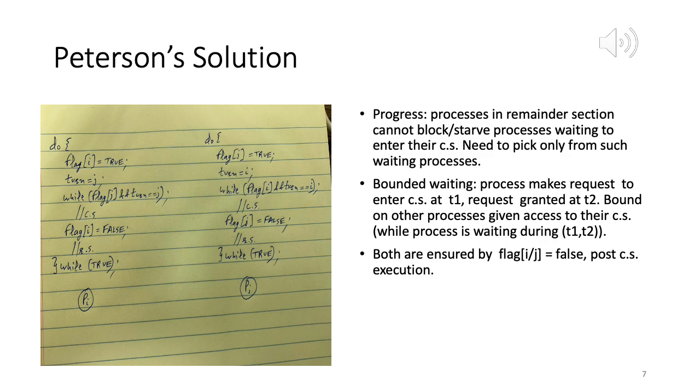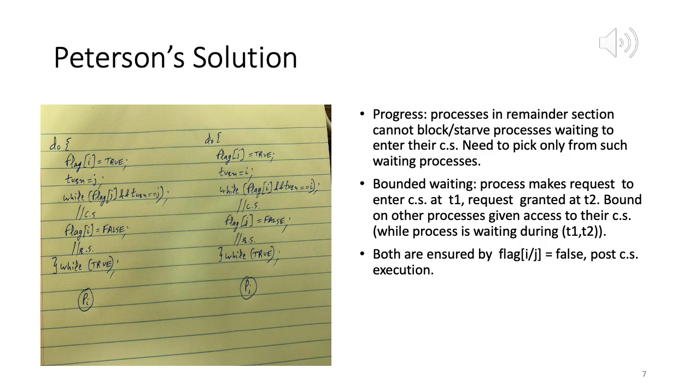Which we see is happening, because Pi is waiting at the while, with flag j true and turn equal to j, and then as soon as Pj gets out of its critical section, it sets flag j to false, and immediately Pi gets entry. Right? The other way, the argument also holds.